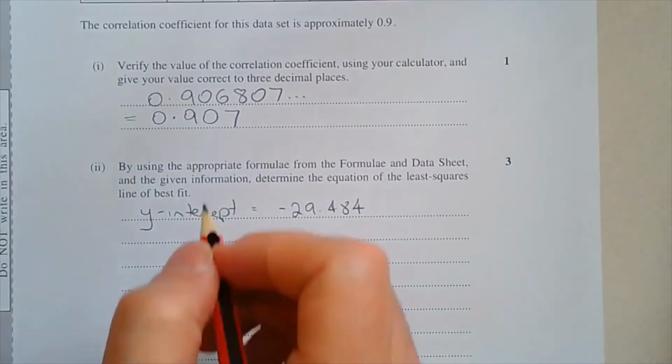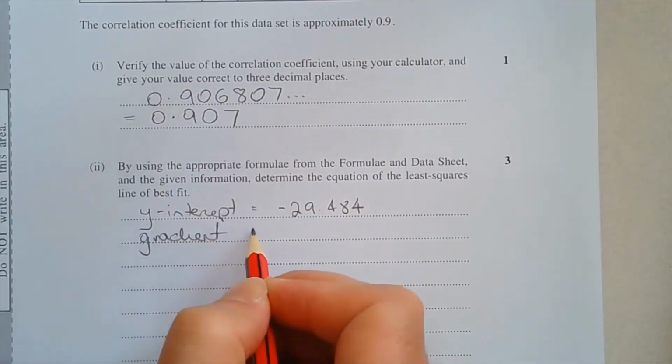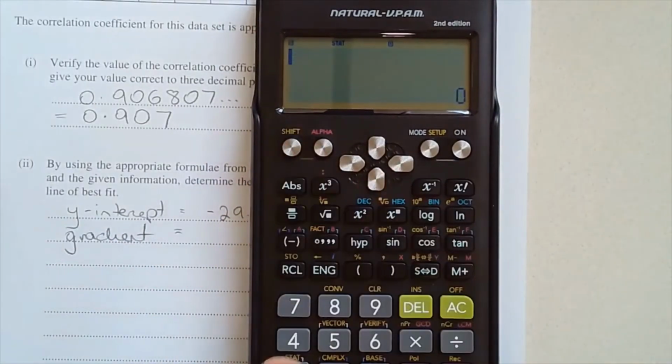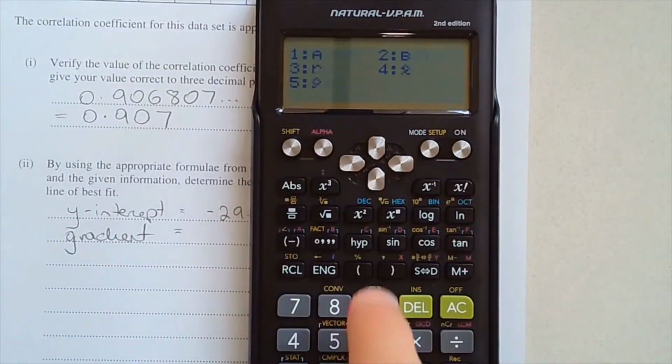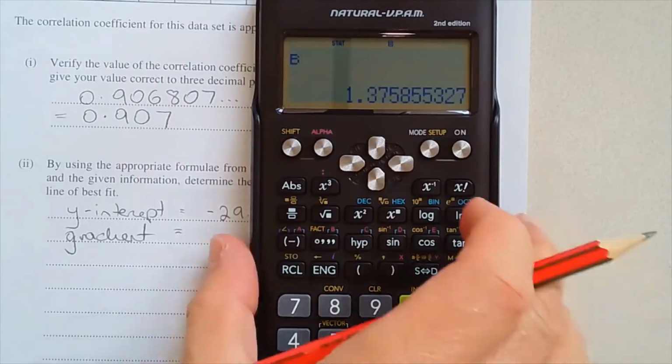Okay. Next we need the gradient. Okay, option 5 reg and option 2 there, and we get 1.376.